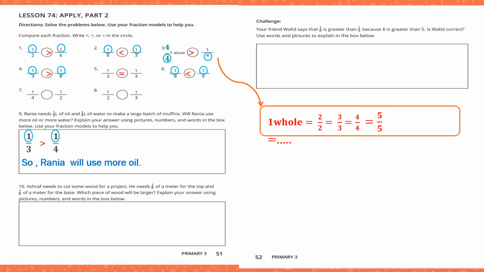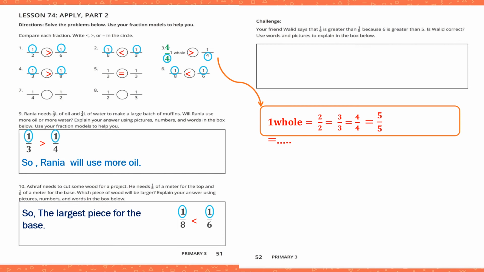Which piece will be larger, the top or the base? We have 8 here, and 6 here. We have the same numerator, so the smaller denominator is bigger. So 6 is bigger, which is for the base, the largest piece is for the base.